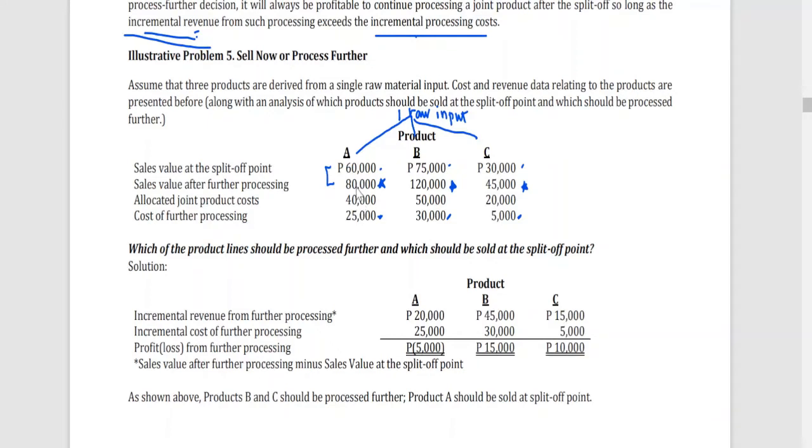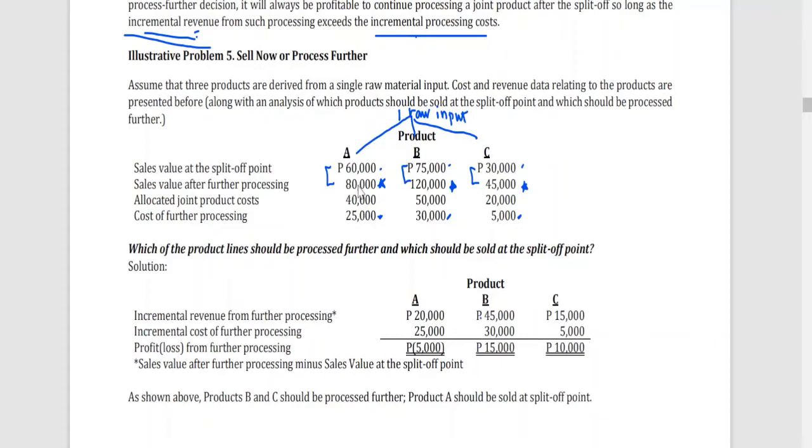So, di ba kung ibaligya siya after processing, mo increase by 20,000. Mao ni siya additional nga revenue. For product B, you have 45,000. And for product C, 15,000. Then, compare that to the additional processing cost.